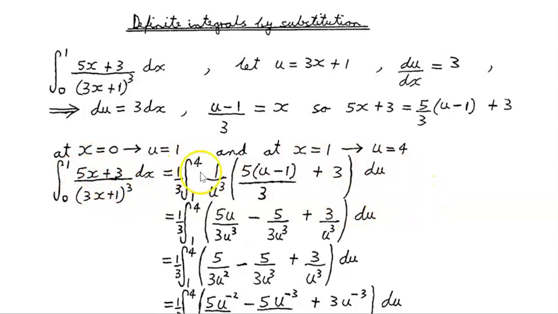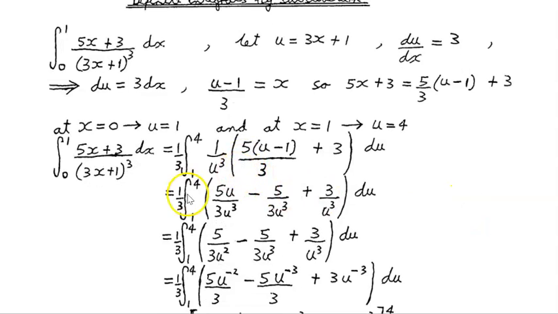Now that we've expressed the integrand in terms of the variable u, the terminals need to be in terms of the values of u at x equals 0 and x equals 1. So u equals 1, u equals 4. Let's multiply through by the 1 on u cubed and expand out the parentheses, all in one hit.